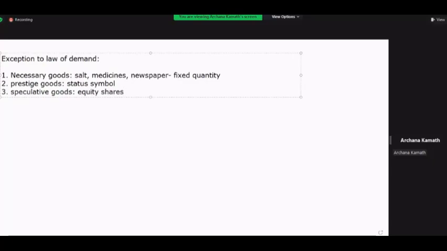You are definitely purchasing them with an intention of selling at a higher price. So what is actually influencing your purchase today? Is it today's price or tomorrow's price? Tomorrow's price. Definitely, you will be purchasing a commodity with an expectation that the price is going to increase in the future.